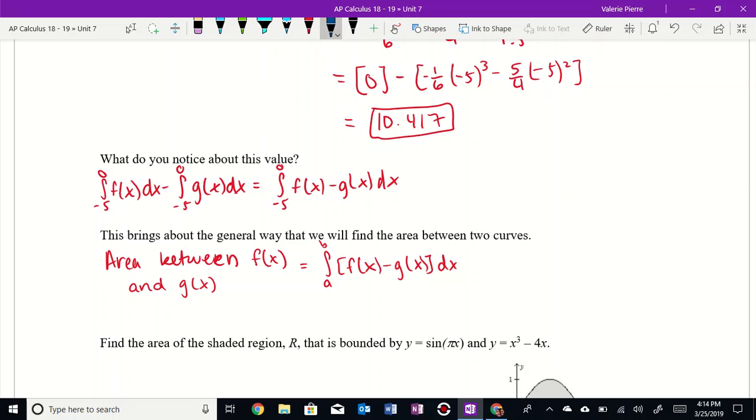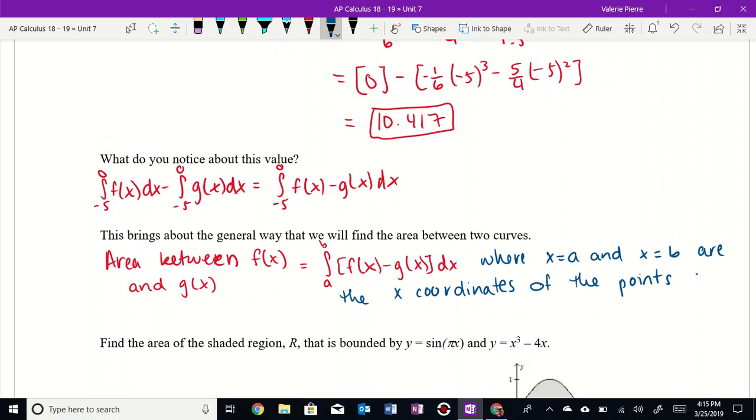So this only works where x equals a and x equals b are the x coordinates of the points of intersection for f and g.